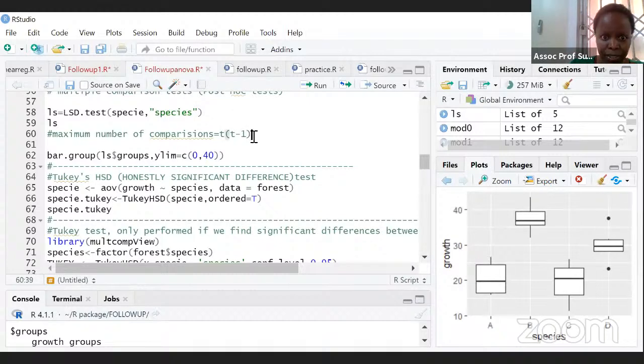Okay. Then divide by 2. So that gives you the maximum. So we have 4 treatments into 4 minus 1 gives you 3 times 4 gives you 12. Divide by 2, we have 6 comparisons for this particular example we have. Okay.